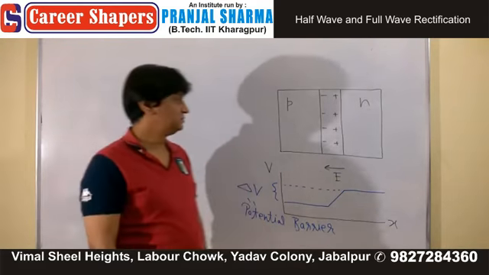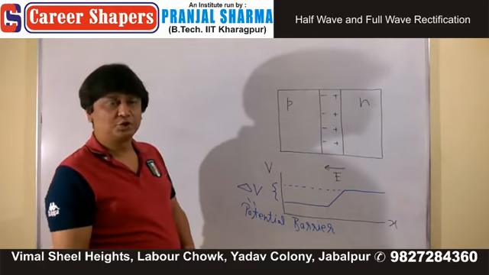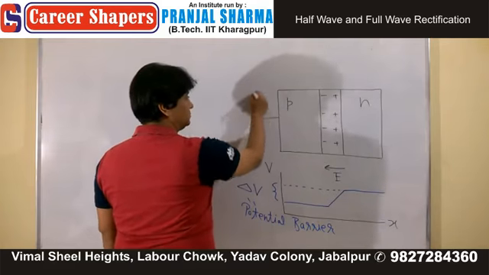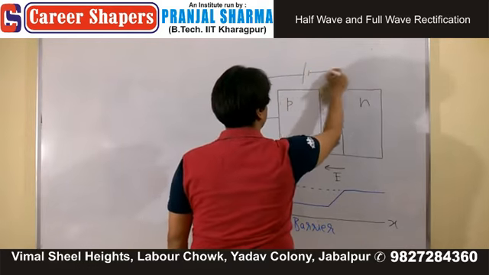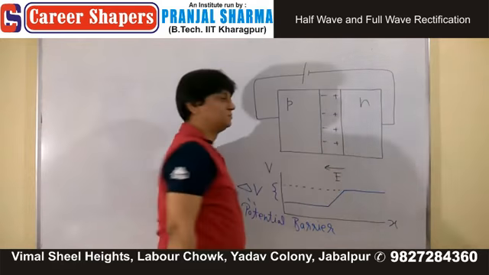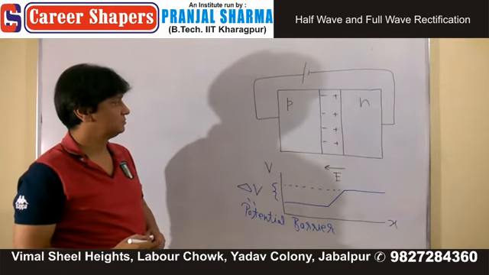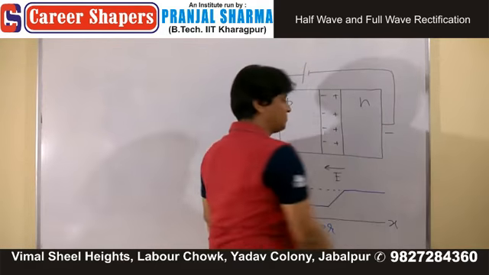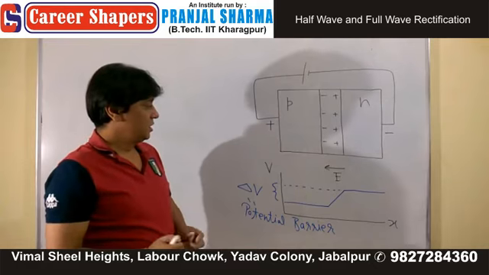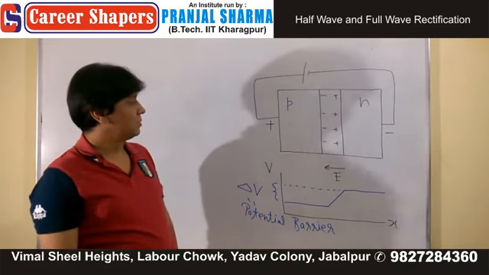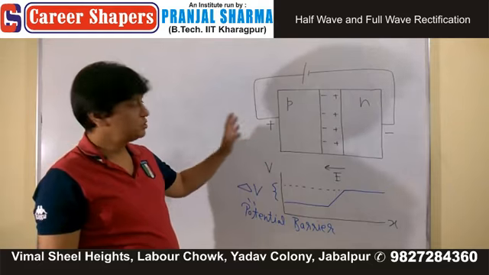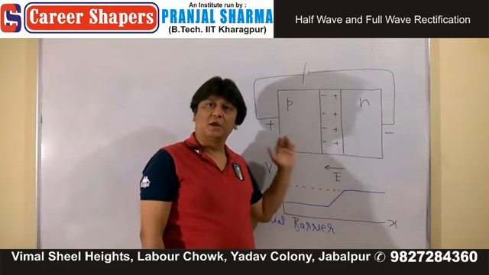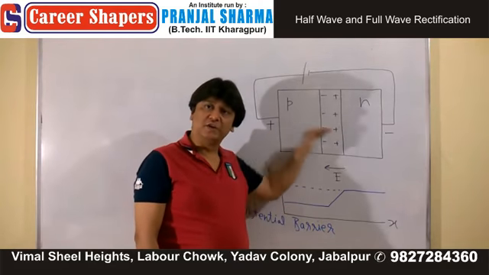Now the doubt was that once you connect a battery, let's say in positive bias, in forward bias like this, which makes this terminal positive and this terminal negative, there will be a net electric field in this direction.